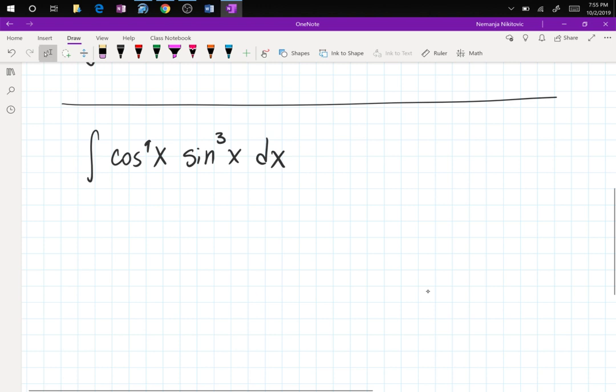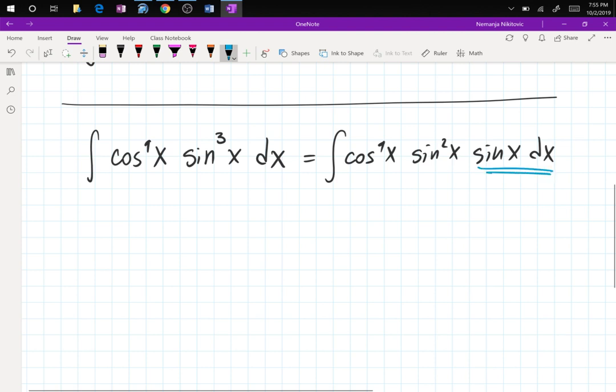So you are going to peel off, so you still have cosine to the 9x. You are going to peel off a single sine, and you are going to keep that in a bank for du later on. So now you see that you have this extra sine squared that you need to get rid of.